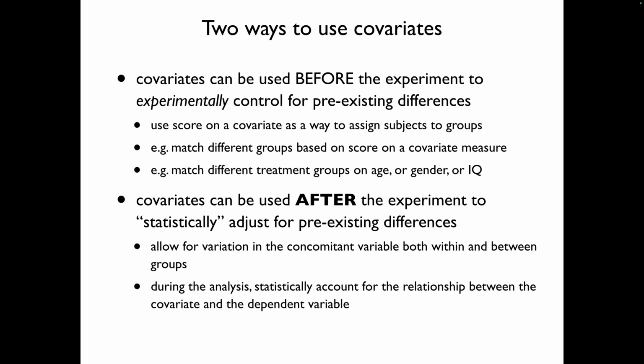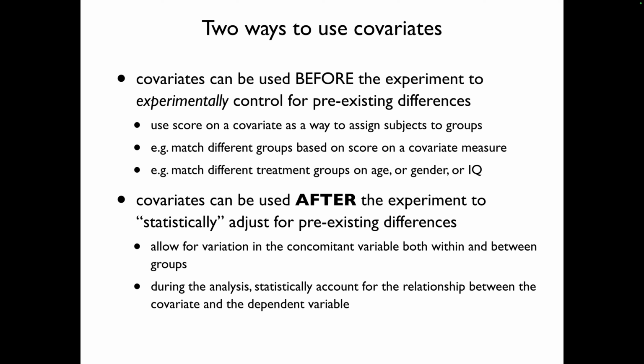The second way we could use covariates, and that's what we're going to talk about today, is they can be used after the experiment is over to statistically adjust for pre-existing differences in the dependent variable and in the covariate. So we can allow then for variation in the concomitant variable, both within groups and between groups.